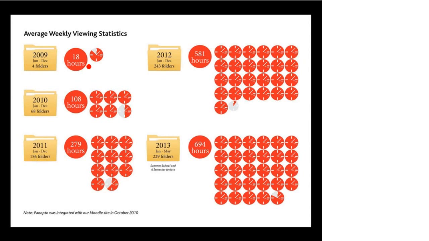That wasn't hard for me to create, but you can see here in 2012 we had 243. So we had approximately an average of 18 hours a week of viewing. In 2010, we had 68 folders. That jumped up to 108 average hours a week of viewing.